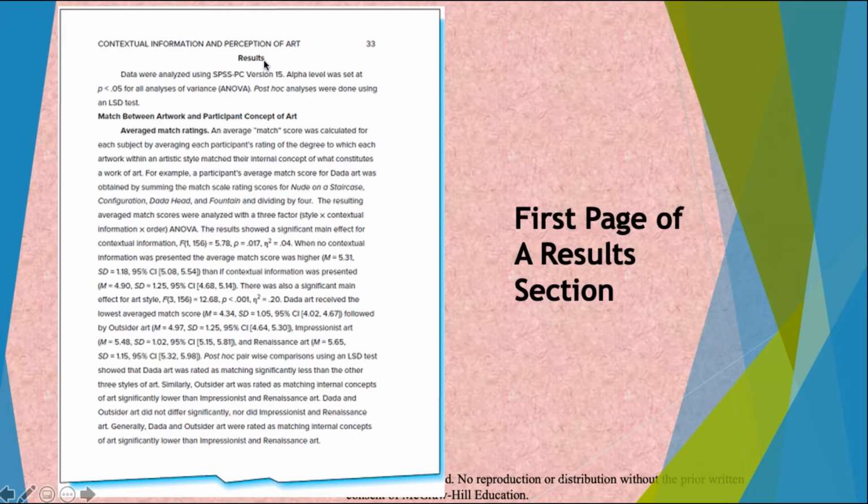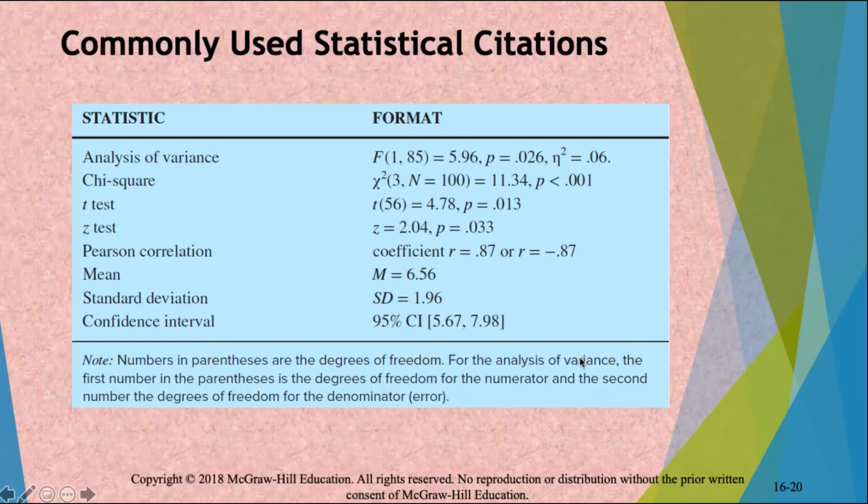So this will be an example here: the heading Results, centered, then you have a description of your results. This is commonly used statistical citation, for example, analysis of variance. We have the F statistic, p-value, and t statistic.